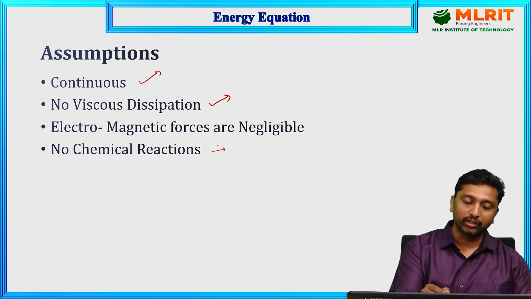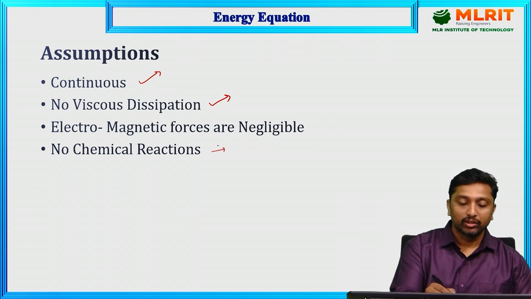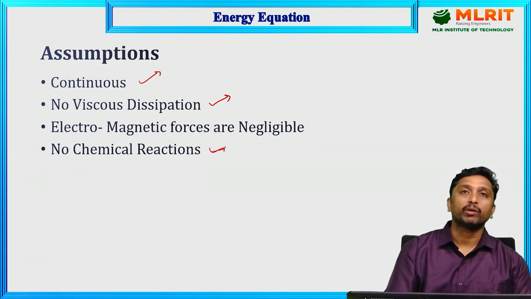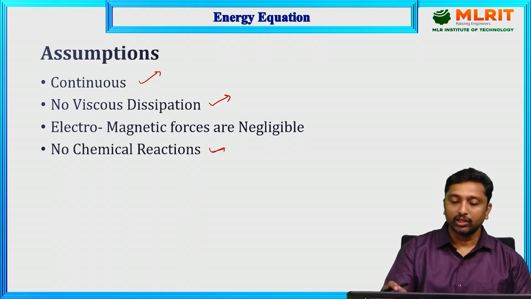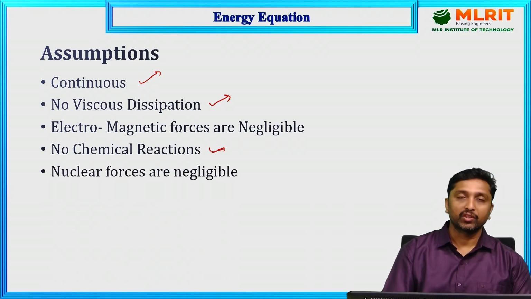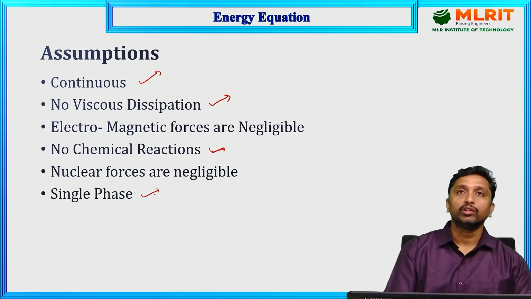So due to that, we are considering no chemical reactions, so that heat of reaction or heat of change in phase will be considered negligible. Then we consider nuclear forces to be zero or negligible, and the phase of the fluid to be uniform.